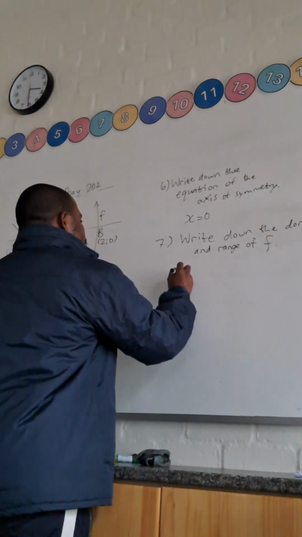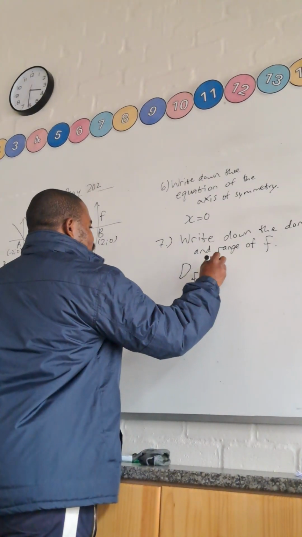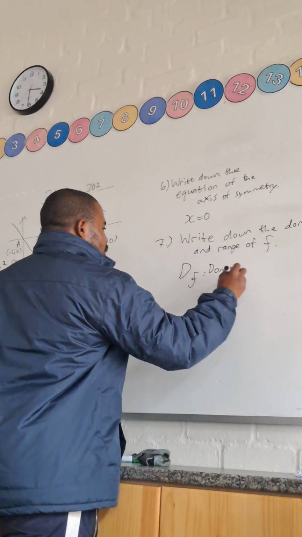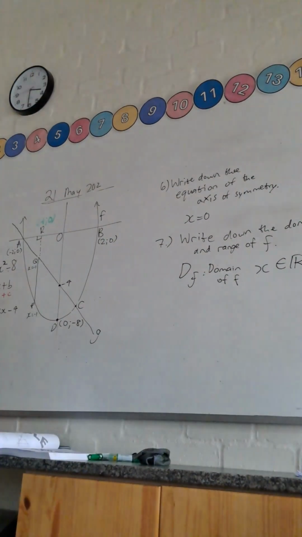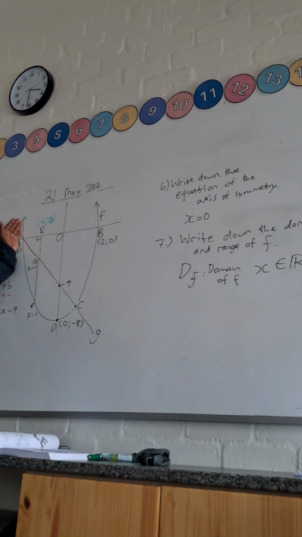So the domain of f is just going to be x is an element of real numbers. Is it always going to be that? Yes, for the parabola it's always going to be x is an element of real numbers, because there's no limit to your x values.